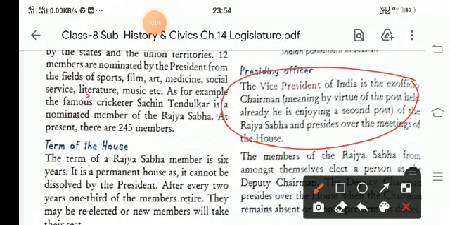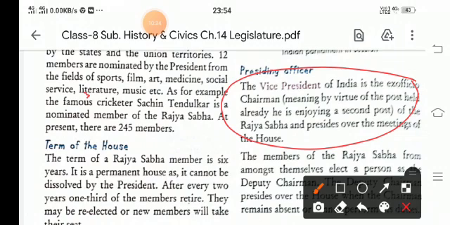This means by virtue of the post already held, he enjoys a second post. He is a vice president as well as the chairman of this Rajya Sabha, and if he is not available, he is helped by the deputy chairman.